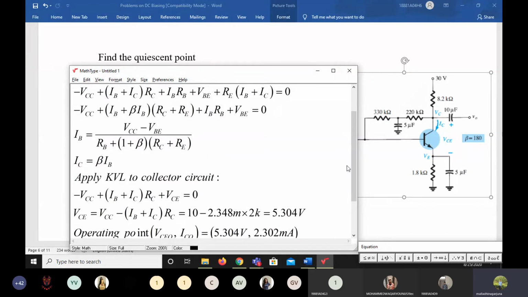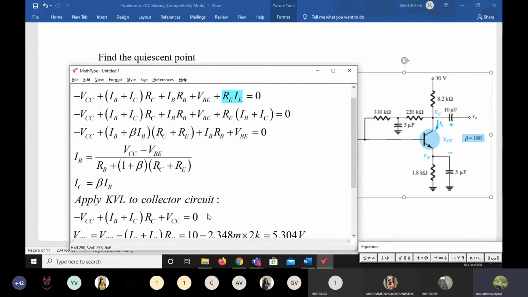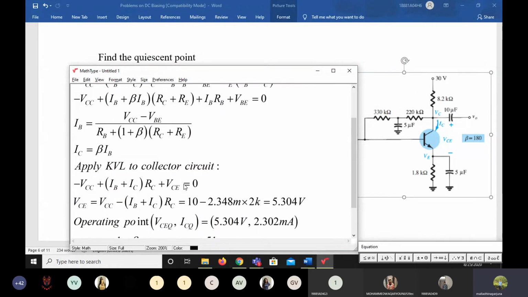From the output also, we'll get RE plus IE. So again, this one also, in place of this, plus RE. This is the formula. Now we substitute your present values.